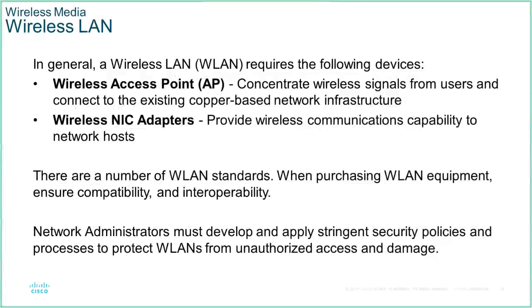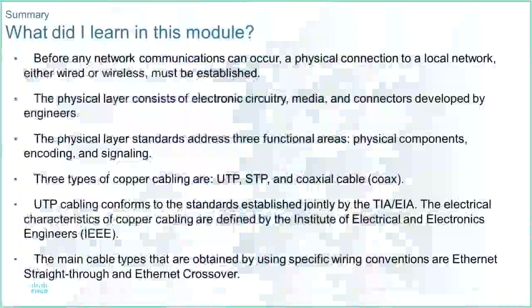Just make sure you are compliant at both ends. An access point will provide connectivity over certain standards. Make sure your wireless network card complies with the standard, or else they won't talk to each other.